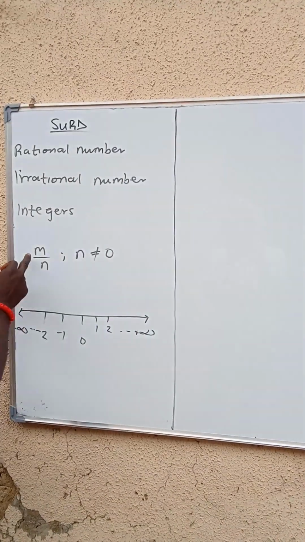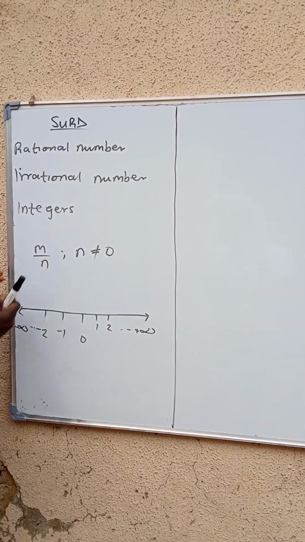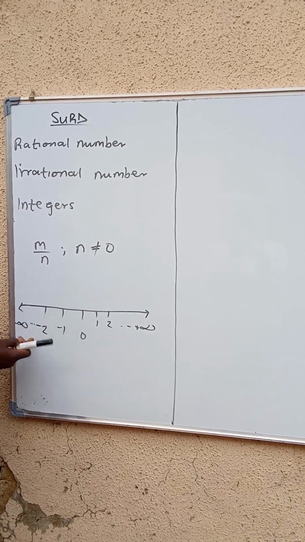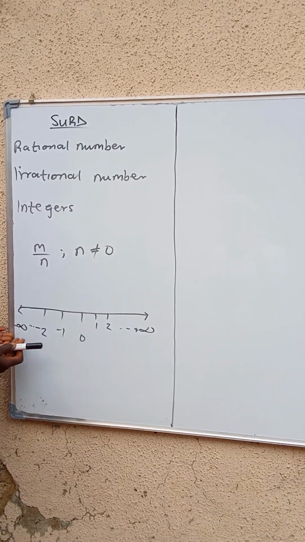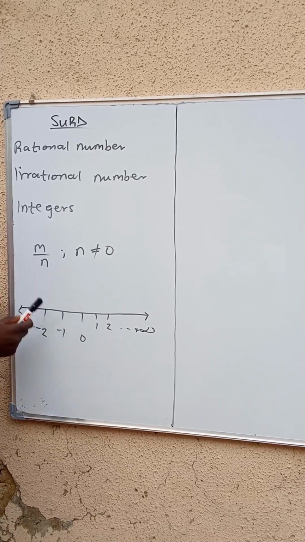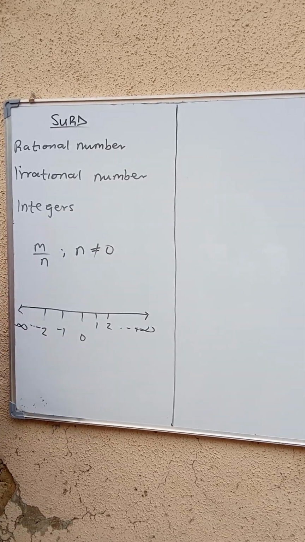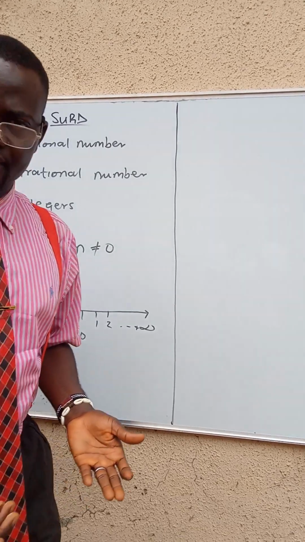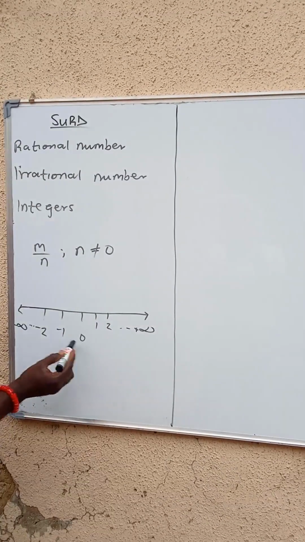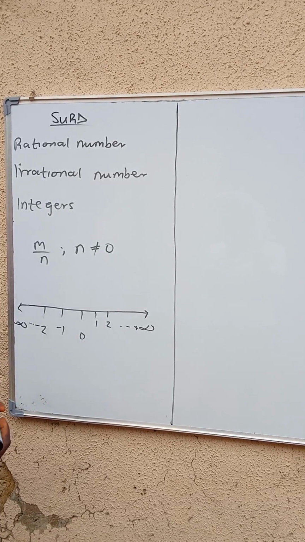So if we said in form of m over n, which can be expressed, then any number you pick from here, including the negative one, m over n, you can pick 2 over 3. These are integers, including 0. I've talked about it before.